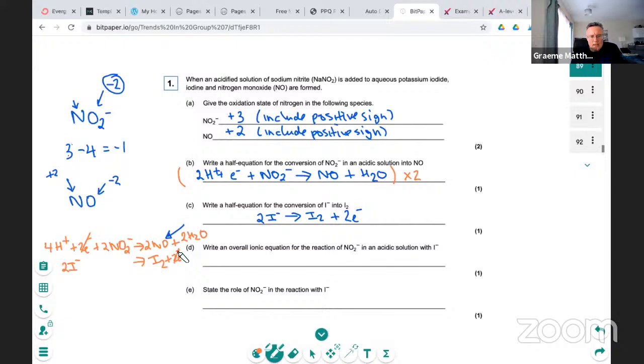So I got 4 hydrogens like this, and 2 NO2 minus like this, and 2 iodides like so. Arrow, and on this side I'm going to have 2 NO and 2 H2O and I2.